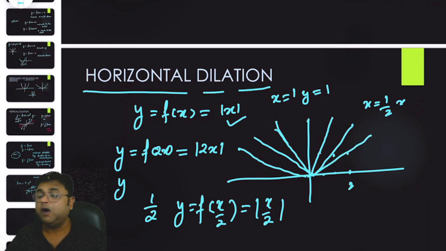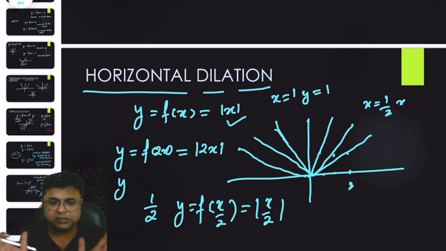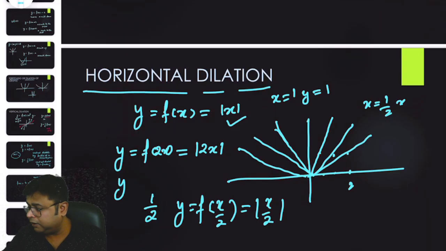It has stretched a bit. In the previous case, it compressed a bit in the x direction; now it has stretched more in the direction of x. So for |x/2|, it has dilated horizontally by a factor of 2.